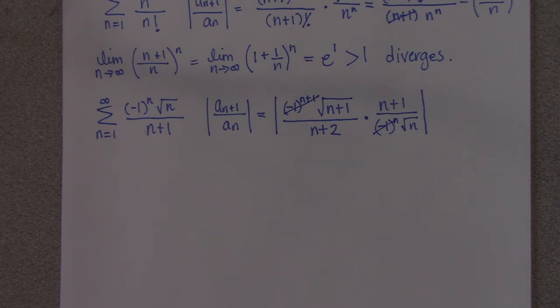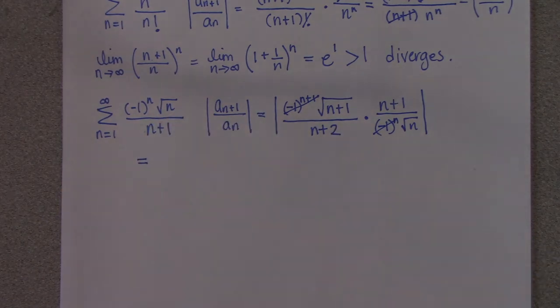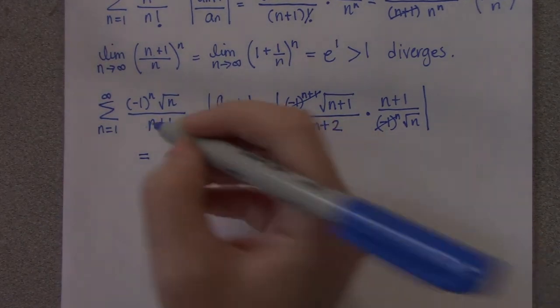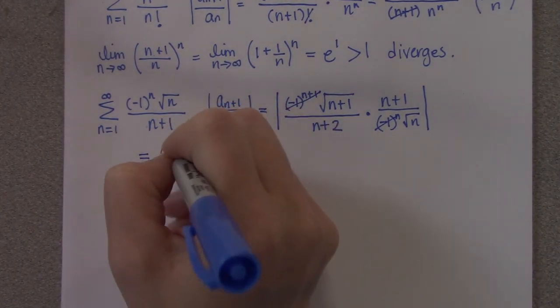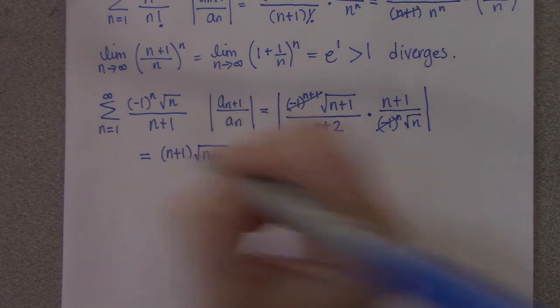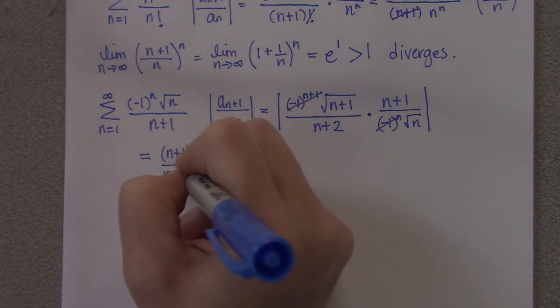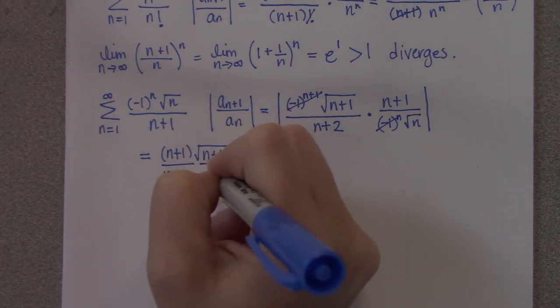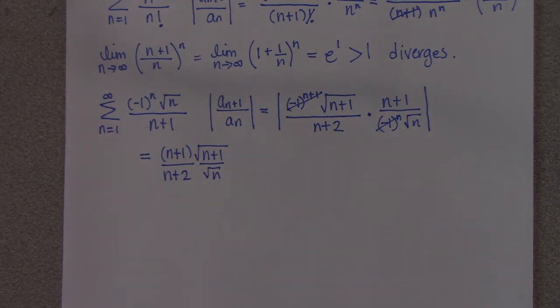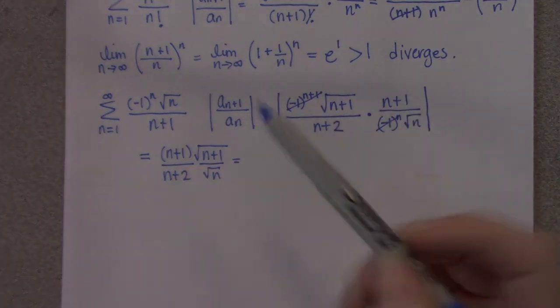So now I can drop the absolute value signs and try to simplify this expression. So what I have is n plus 1 times the square root of n plus 1 over n plus 2 times the square root of n. So all I did was regroup things, so I had the square roots in one column, right, and everything else in the other. And I can take this one step further.